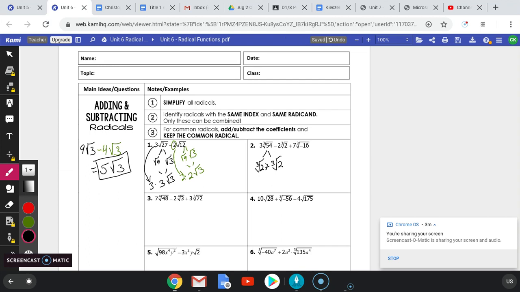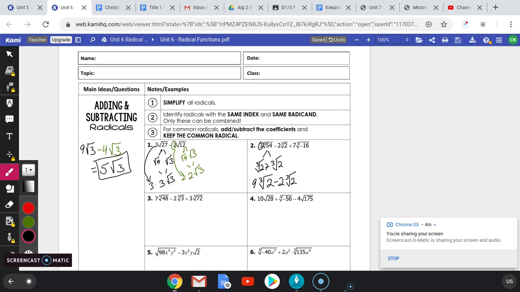The cube root of 27, that would be 3. Multiplied with this 3 on the outside, you get 9 cube root of 2. This right here, the next one, cannot be simplified any further. So I'm just going to rewrite that. 2 cube root of 2.